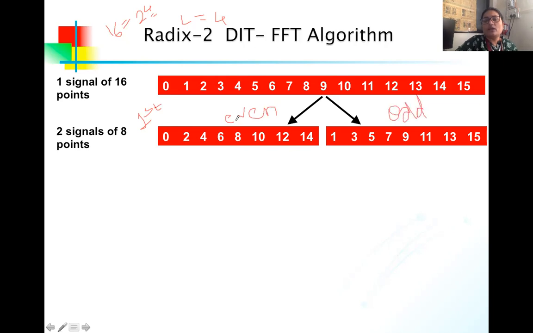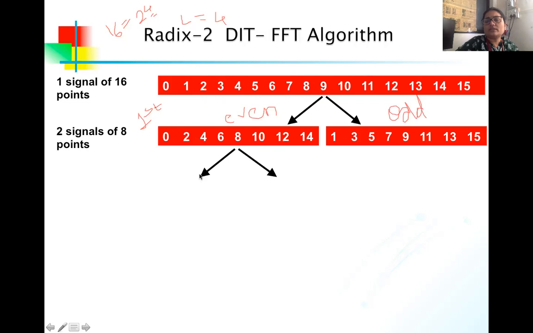We have collected the even numbers together: 0, 2, 4, 6, 8, 10, 12 and 14. The odd numbers are 1, 3, 5, 7, 9, 11, 13 and 15. So at the first stage, the entire 16 points have been divided into even points and odd points.